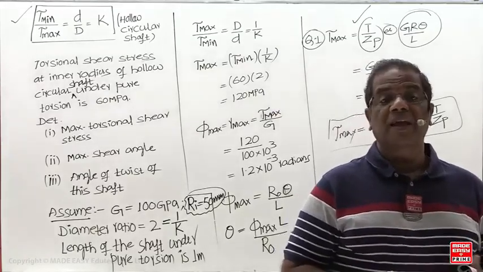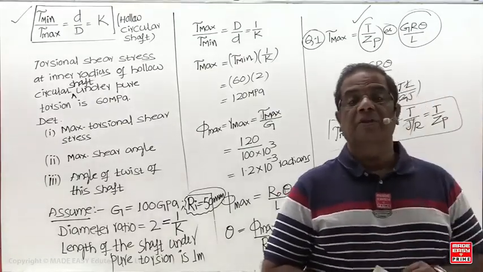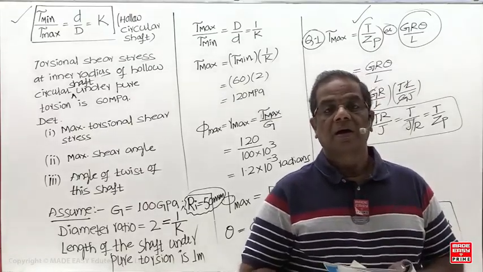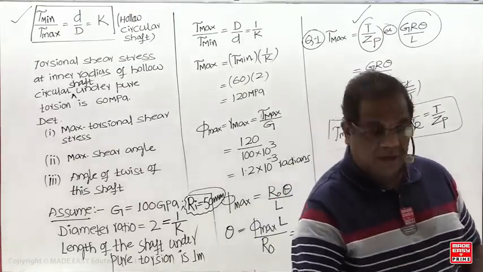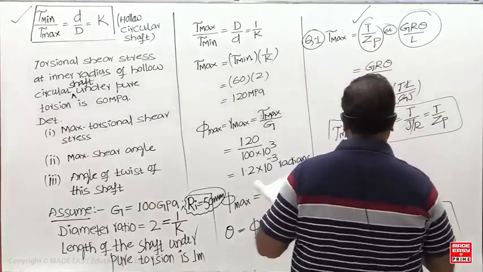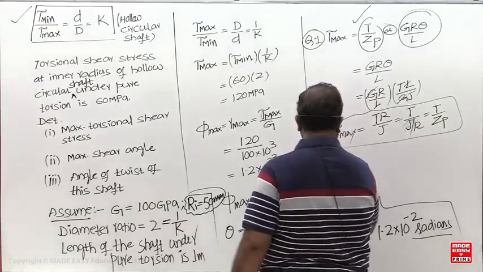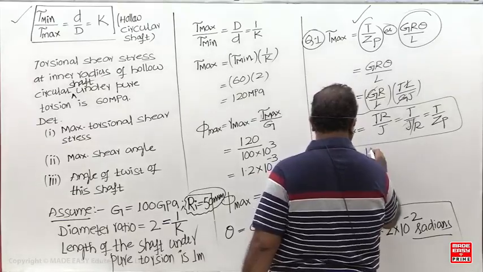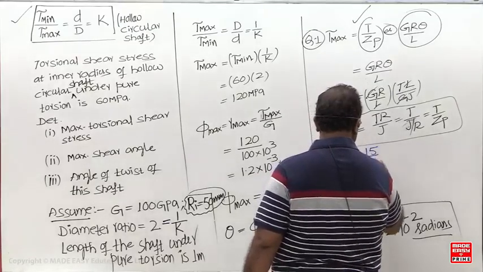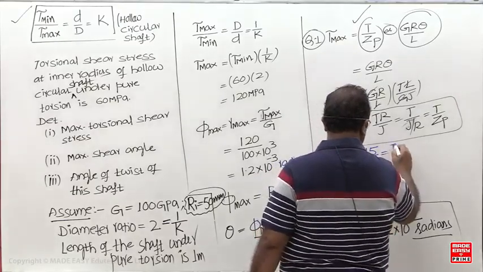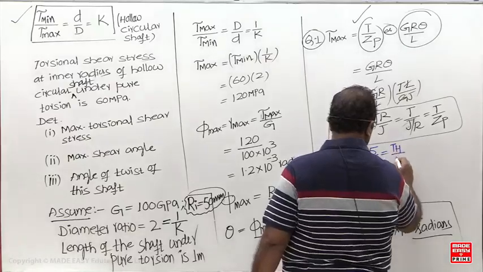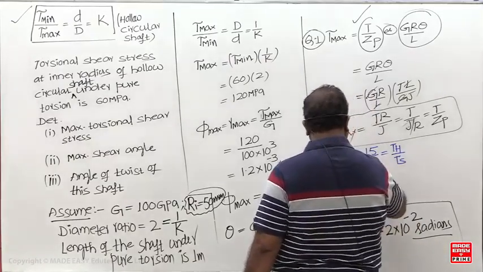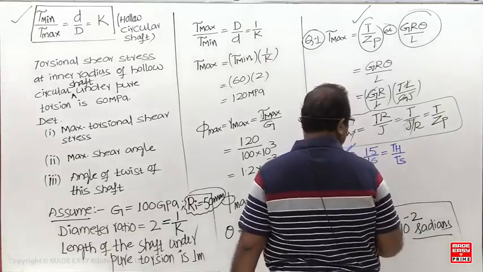So for option A, within the bracket you write down T hollow to T solid. Question number 2, option A, write down like this. It is the ratio of hollow to solid. Option A is correct because it's asking hollow to solid.